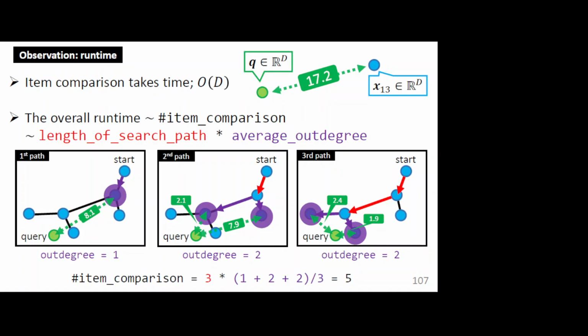So in total, you have compared the nodes you visit. The length of your search path is 3, and suppose the average out degree is 2. So the overall run time is just the length of your search path times your average out degree. Okay, any problem?